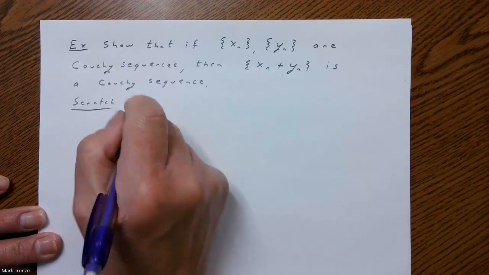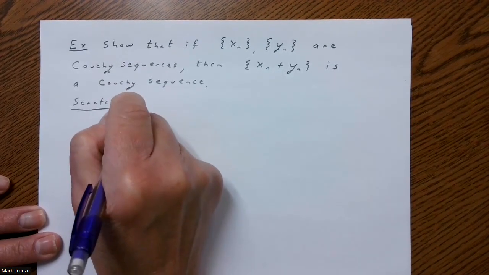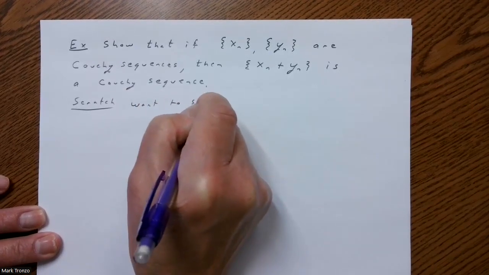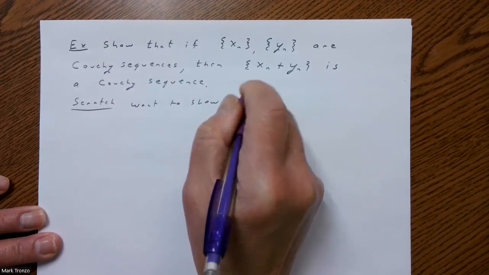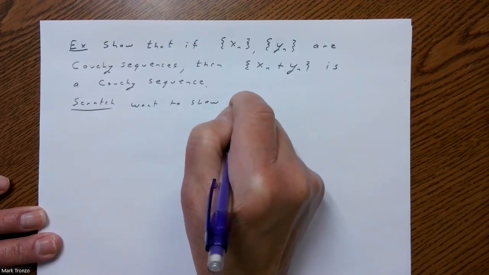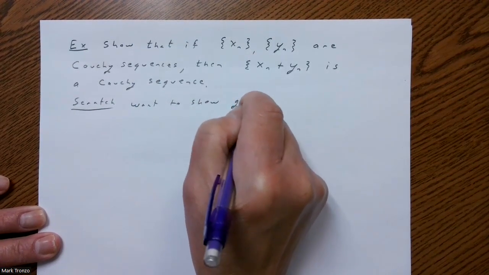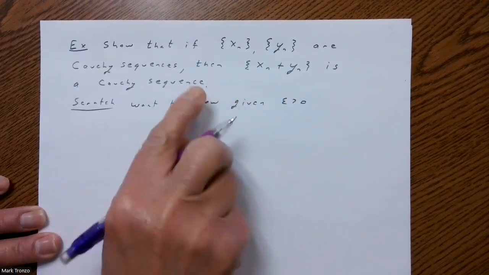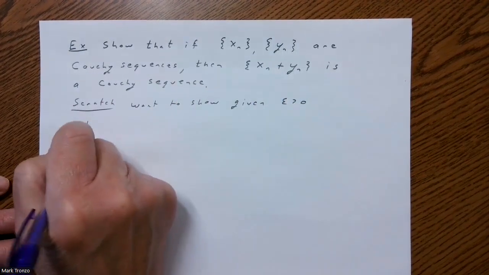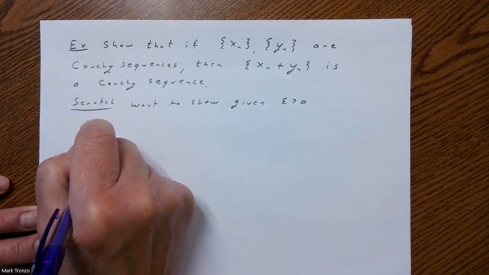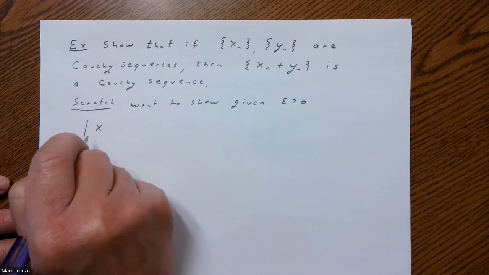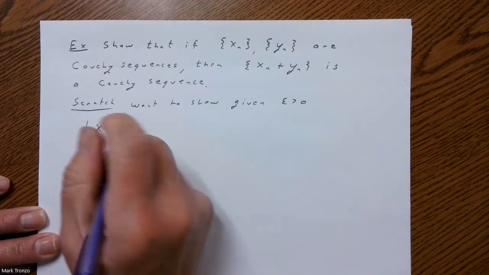So for a given epsilon greater than 0, what does that mean? It's going to mean something like this, and it doesn't matter which order you put it in.